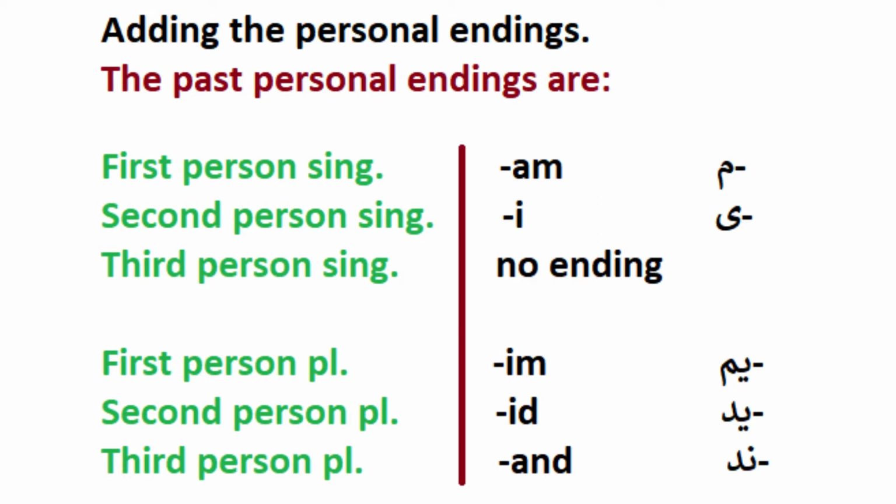The past personal endings are: first person singular am, second person singular e, third person singular no ending, first person plural im, second person plural id, third person plural and.